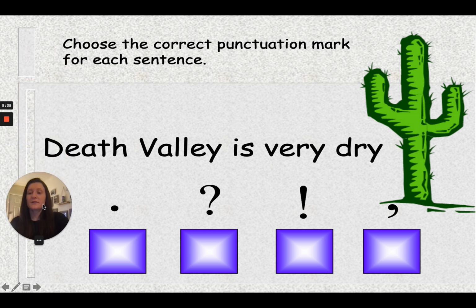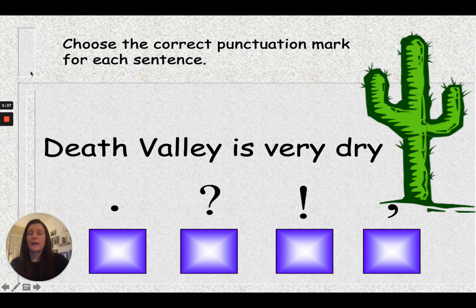All right, so let's look at an example sentence here. We need to choose the correct punctuation mark for this sentence. Our sentence is, Death Valley is very dry. We have the period, a question mark, an exclamation mark, and also a comma.